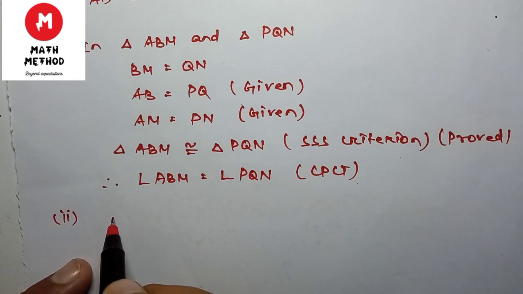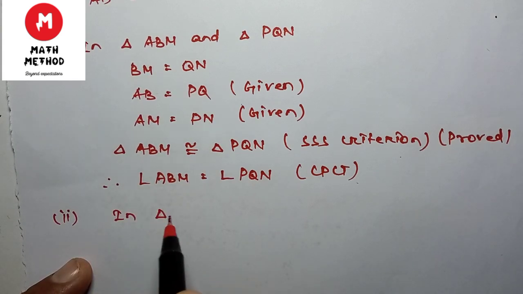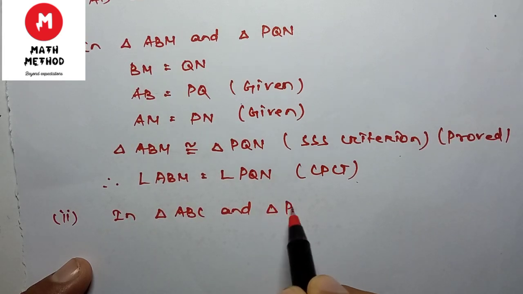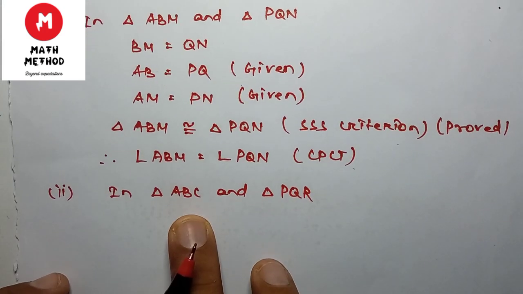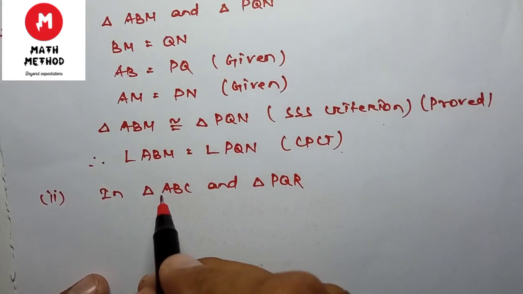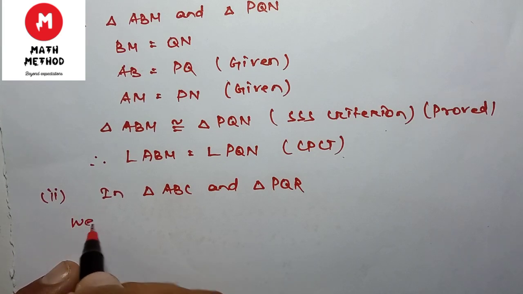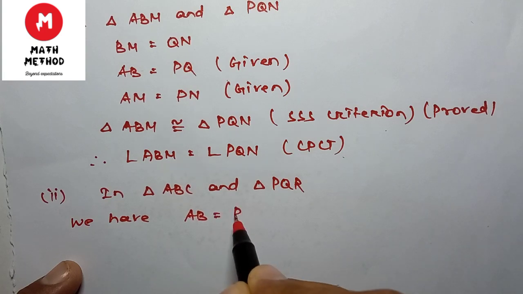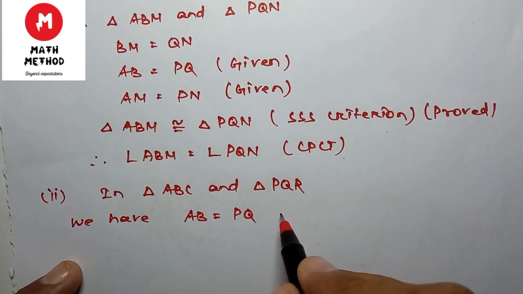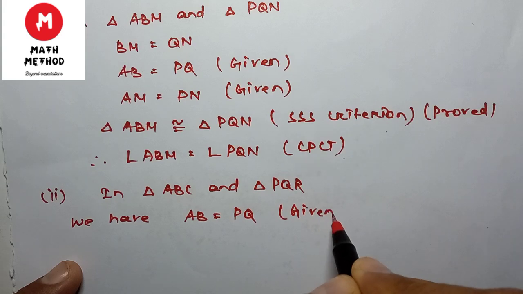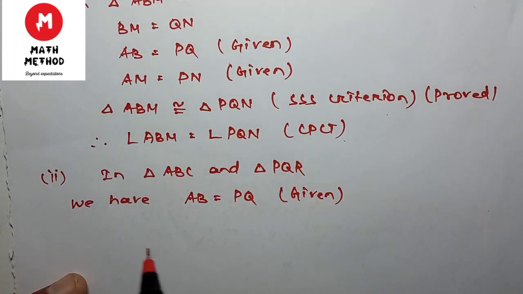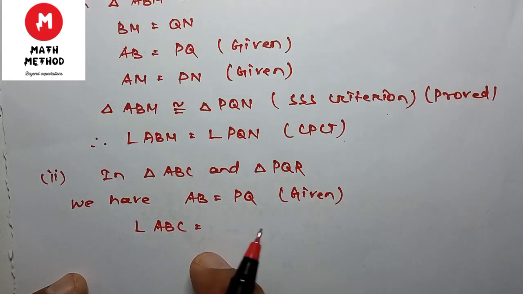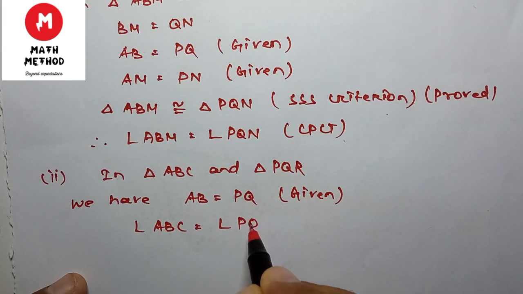Now in triangle ABC and triangle PQR, we have AB is equals to PQ. This is given in question number 3. So angle ABC is equals to angle PQR.